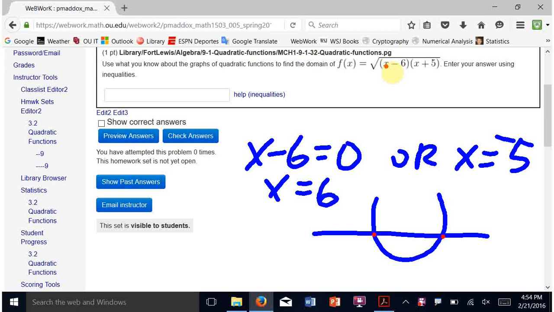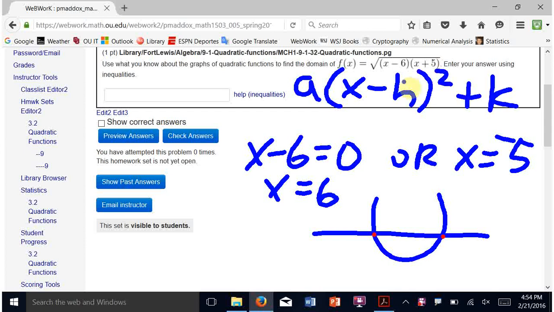coefficient, as in the coefficient next to the x squared, x times x would be x squared, 1x squared. That's my a value in whichever form of the quadratic function you use, as in ax squared plus bx plus c. That's the a there, or in the vertex form, it's the same a, which is a stretching factor.